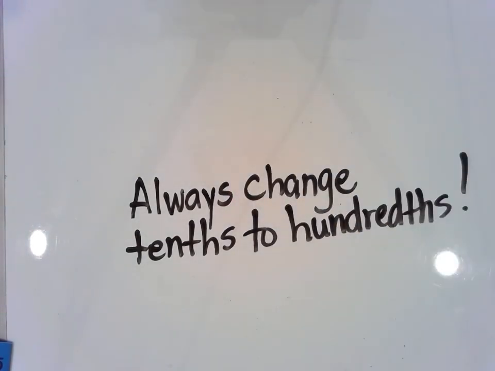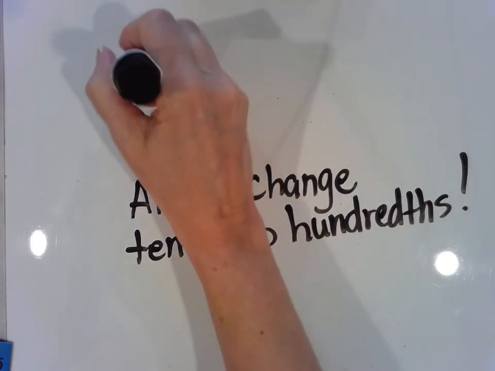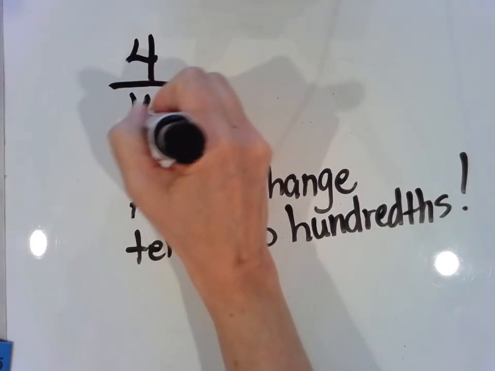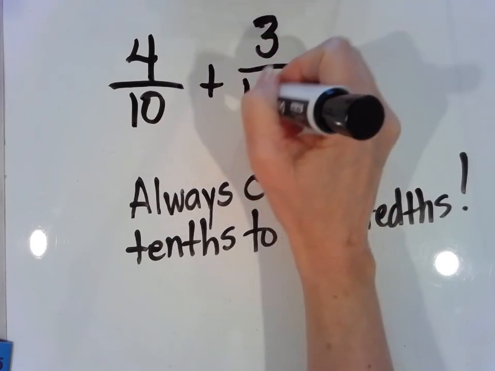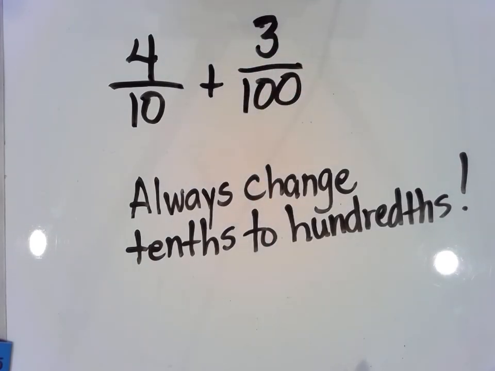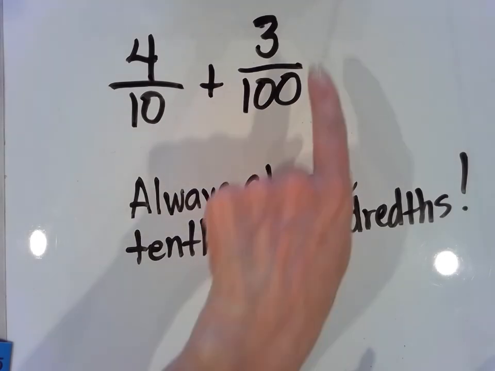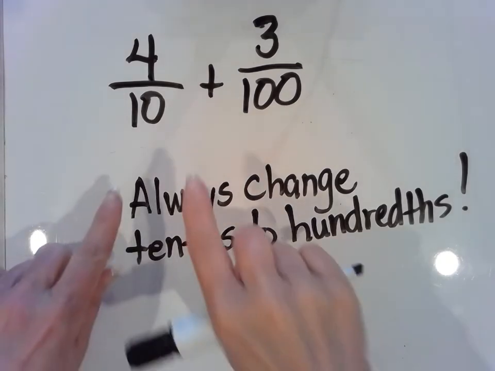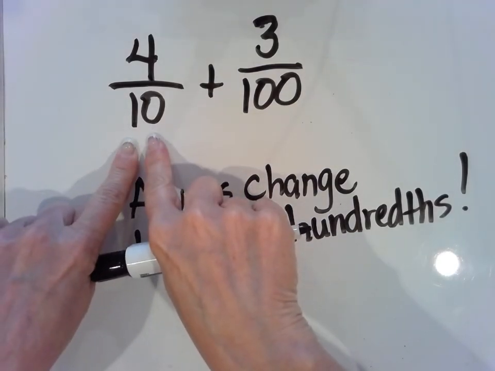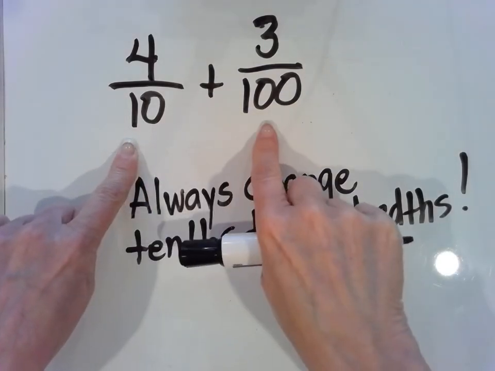What if I did 4 tenths plus 3 hundredths? Now I'm not going to change the hundredths. I'm going to leave it the way it is. I'm going to make this tenth the same size part as this hundredth.